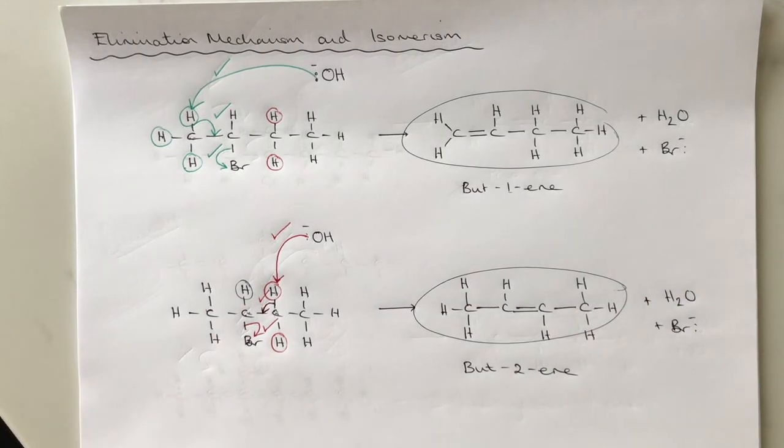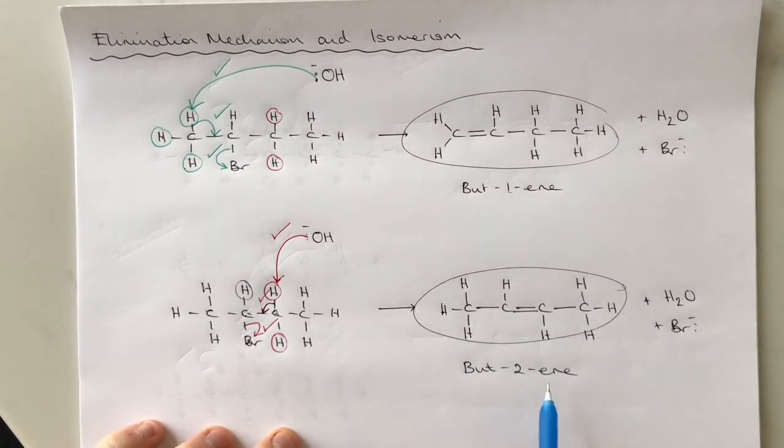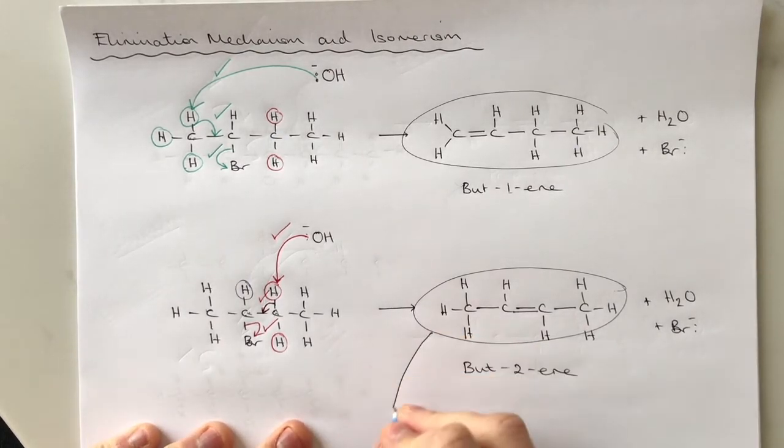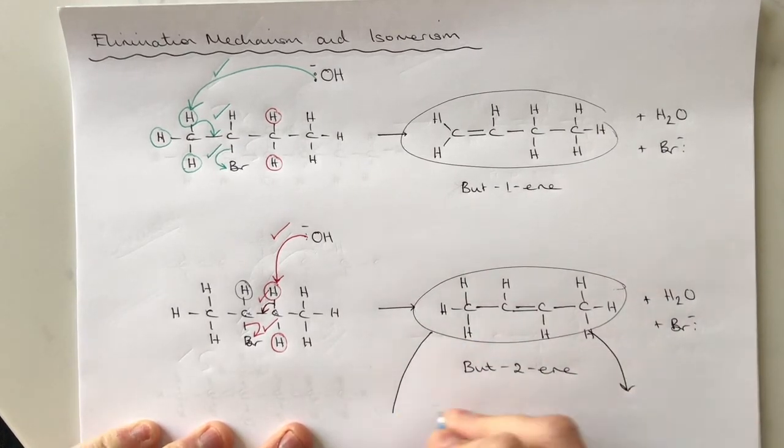Now, you may also remember from your introduction to organic chemistry topic that alkenes exist in different isomer forms as well, different geometrical isomers called E and Z isomers. So but-2-ene could also exist in 2 different formats.